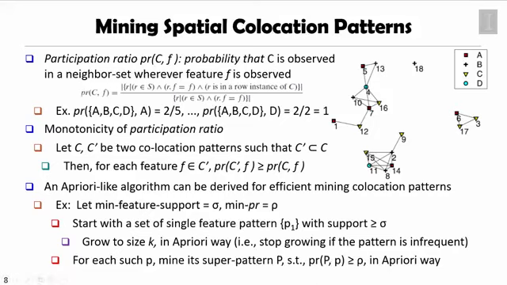If it's not greater than rho, its super patterns do not need to be examined because they cannot be bigger than rho anymore. So based on this Apriori principle, we can easily work out efficient algorithms. That's the trick, or that's the interestingness. If we can find a monotonicity property, we will be able to work out an Apriori-like efficient processing algorithm.